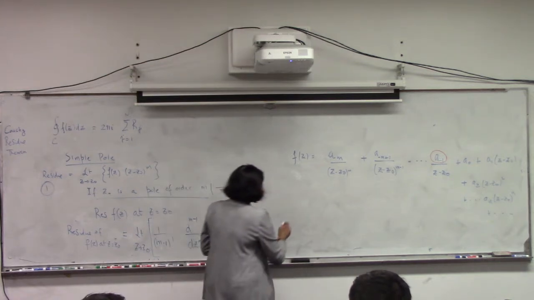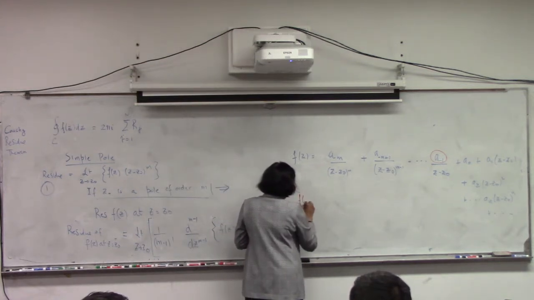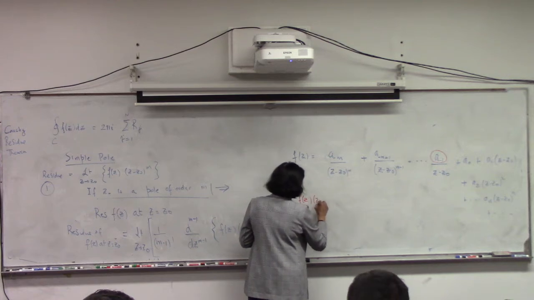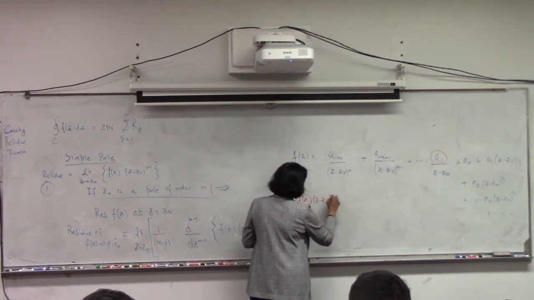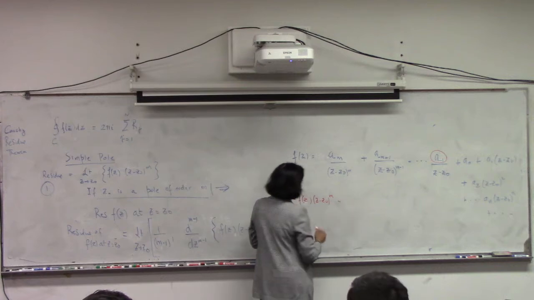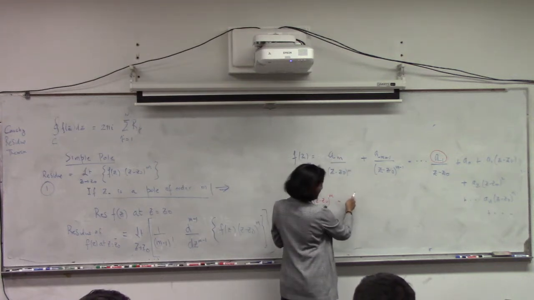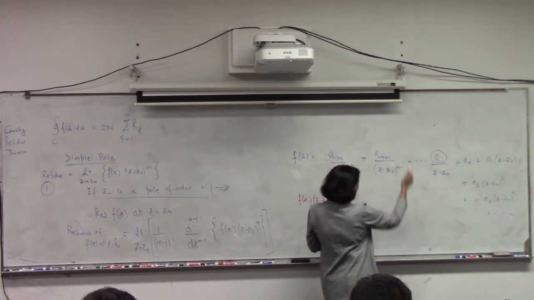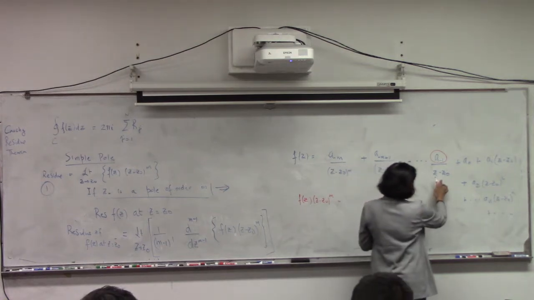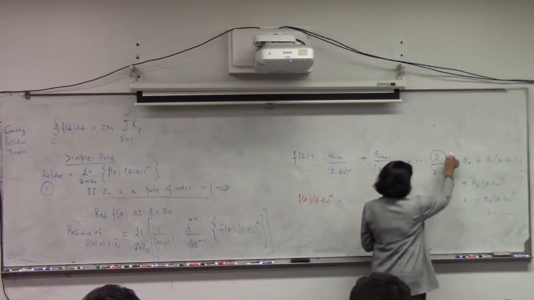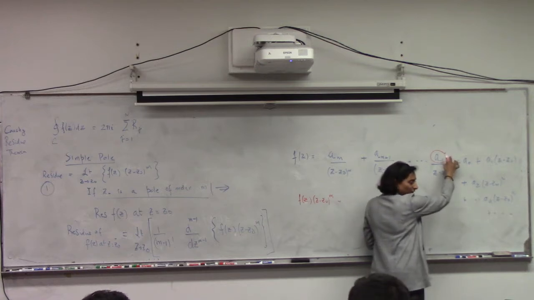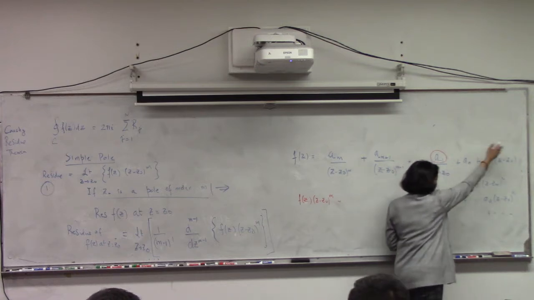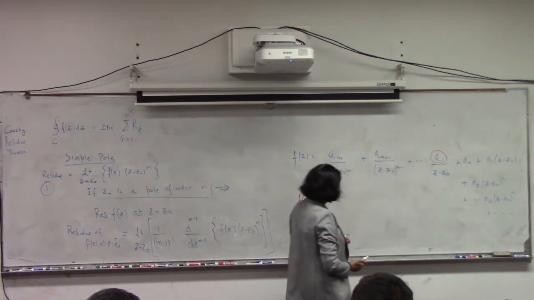So let's multiply f of z by z minus z naught to the power n first. If you did that, what will happen? This has a to the power minus n, which is a constant. Here, you may have z minus z naught. The next term will have z minus z naught to the power n minus 1, and the others will have higher powers of z minus z naught.